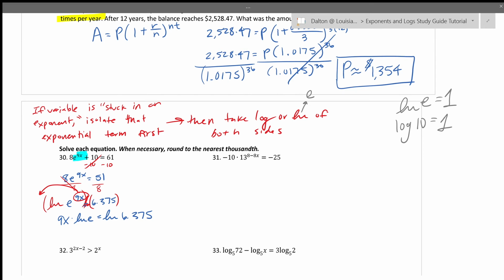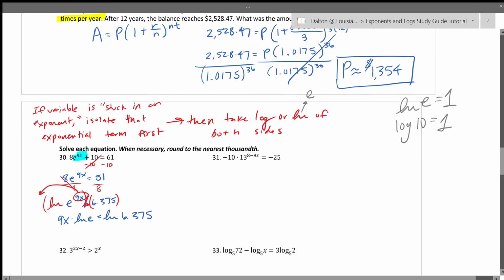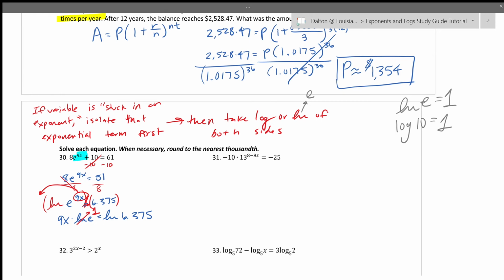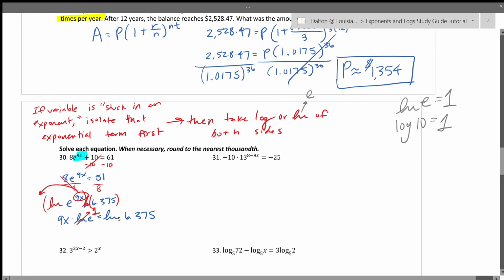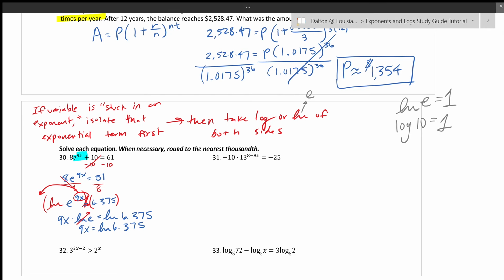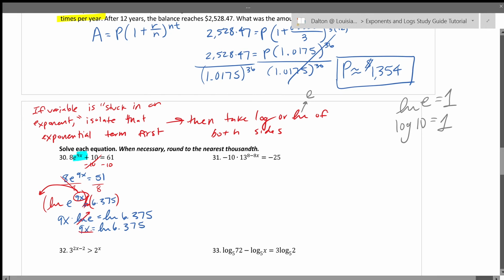So anytime that comes up in your equations, you can simply omit it, because anything times 1 is just itself. So that leaves me with just 9x equals the natural log of 6.375. And then if I want to get x by itself, I can divide both sides by 9.